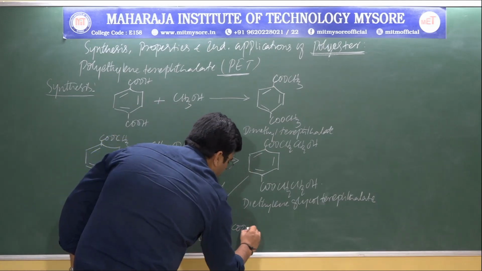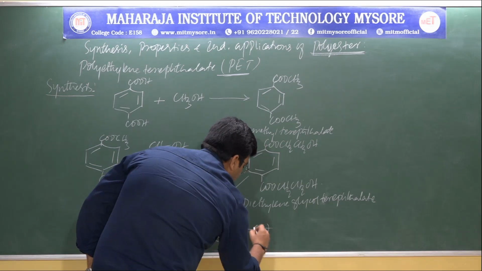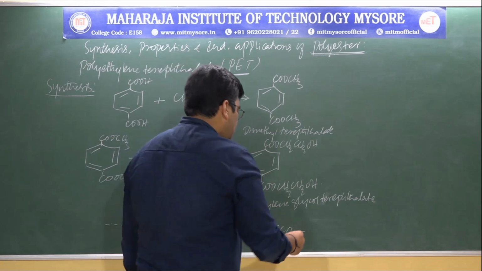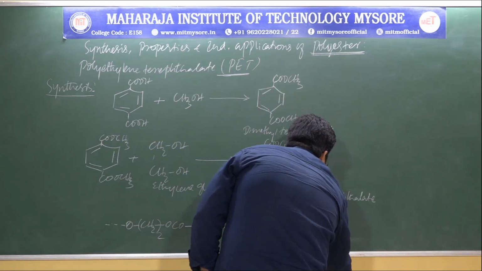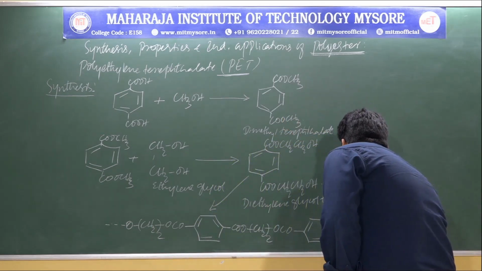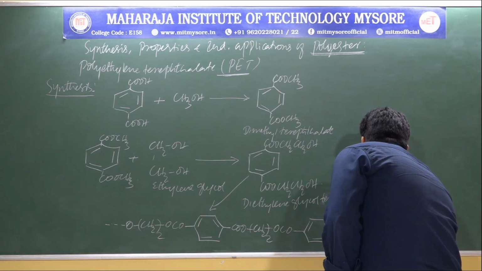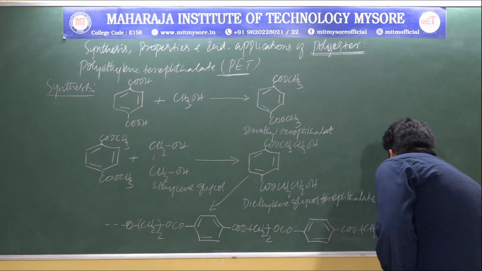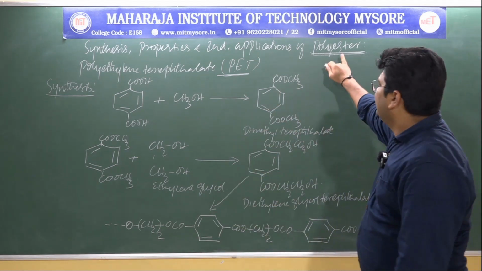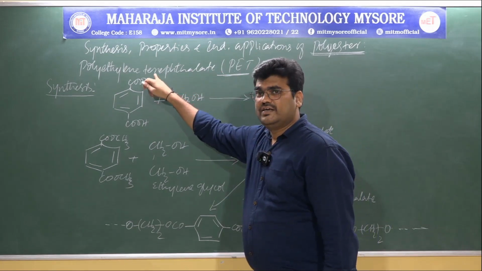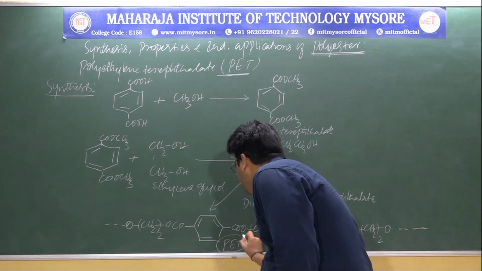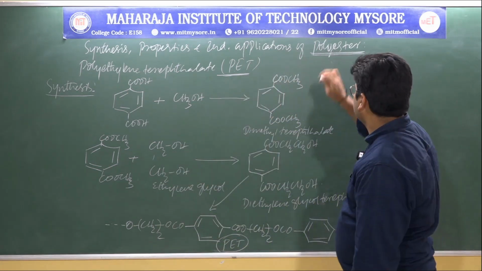And then COO, CH2 twice, and then OCO, and then once again one more benzene ring will come, and similarly COO, CH2 twice, O. So this is the polymer polyester. It is also called polyethylene terephthalate. In short, we can call this PET or polyester, right?